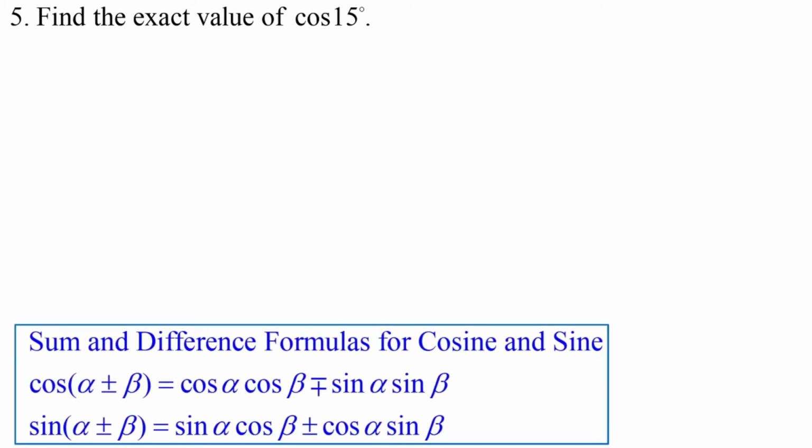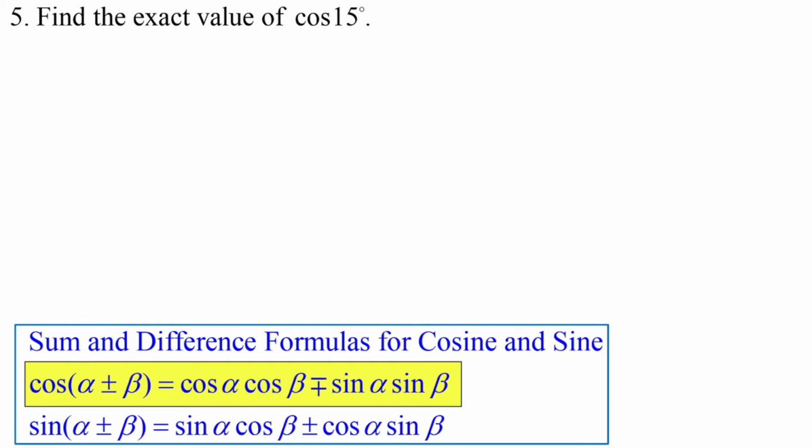Number 5. Find the exact value of cosine of 15 degrees. Well, you guys, I don't know cosine of 15 degrees, but are there 2 key angles in the first quadrant of the unit circle that I could add or subtract and get 15 degrees? I think so. So we're going to use our cosine of alpha plus or minus beta right there.